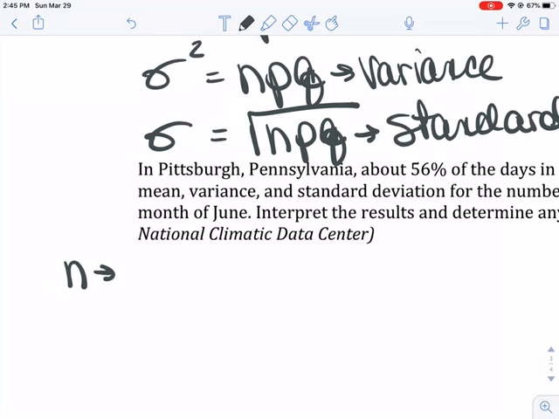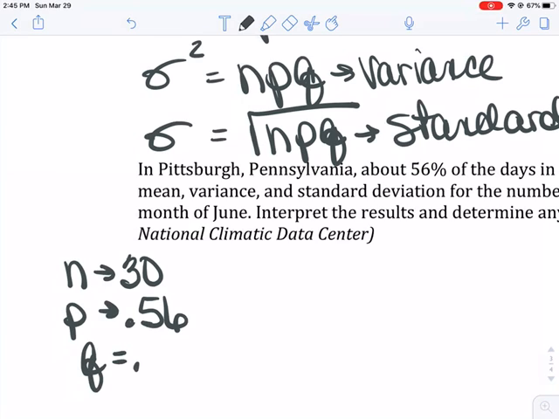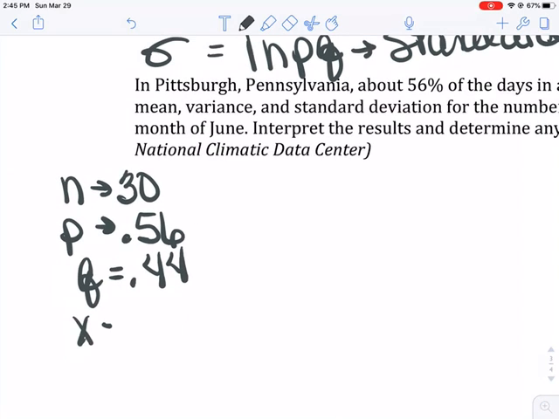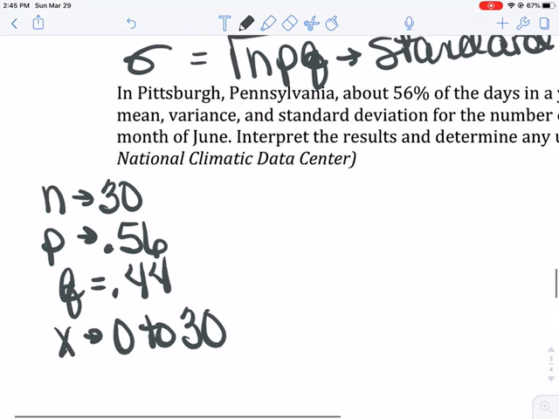So how many days are in June? 30. P, success, is 0.56. Q is 0.44. And our X goes from 0 to 30. Okay, 0 cloudy days up to 30 cloudy days.